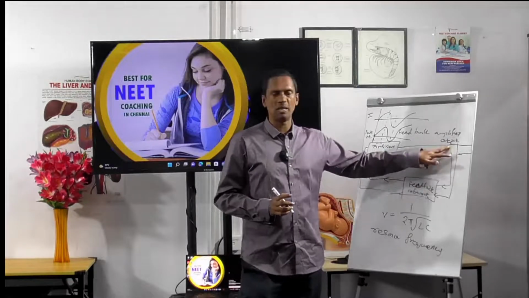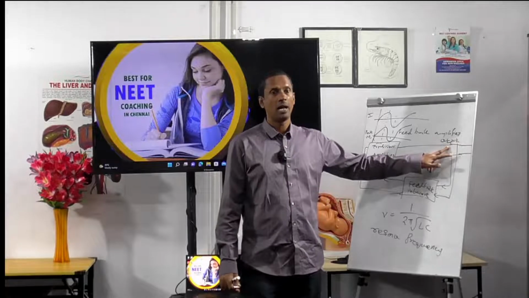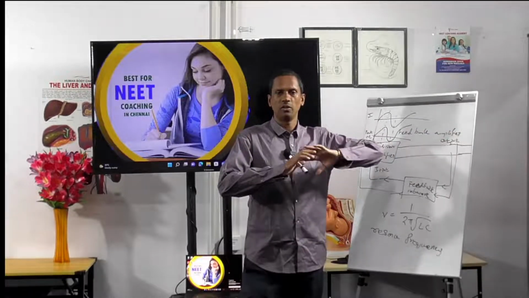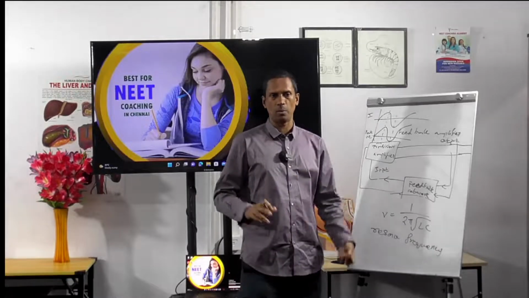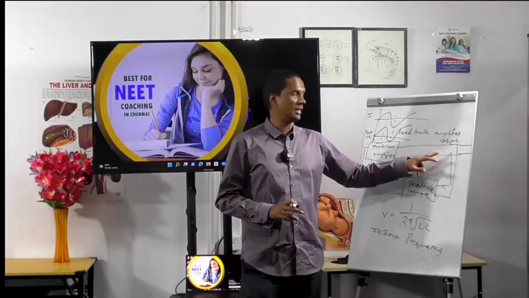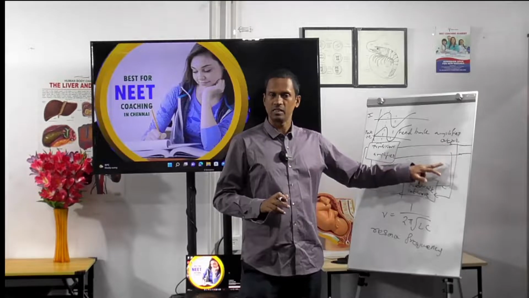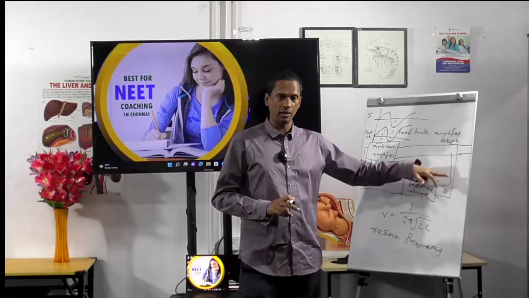Then what will be the remaining output? 90%. 90% is going out, so we forget about it. Only that part of the output you take, which is 10%, now I am connecting to the input.